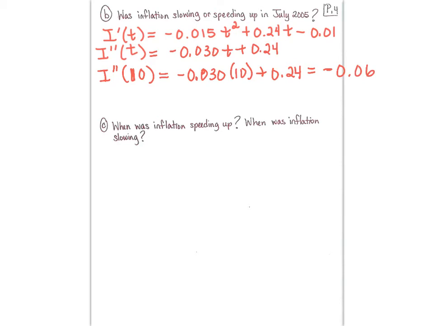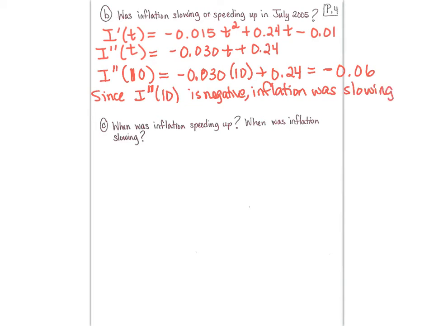Well, what does that mean? That means since I double prime of 10 is negative, inflation was slowing down. Okay? And that means it was slowing down in July 2005.